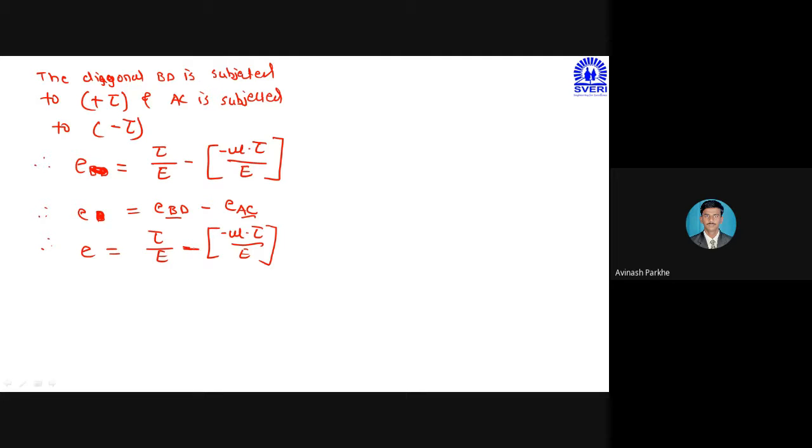This minus sign is there because we have to calculate the original strain induced in that particular section, and in bracket minus mu into tau upon E. This is a minus term, minus mu means there is a decrease in dimension of diagonal AC. And why this particular mu? Because mu represents the lateral condition.